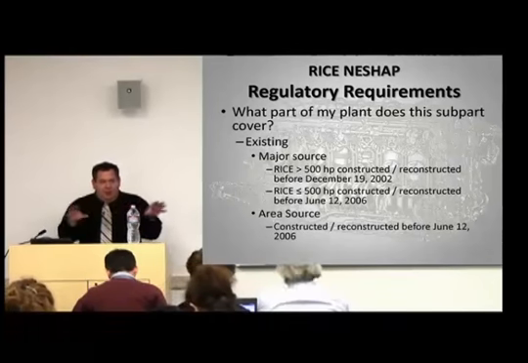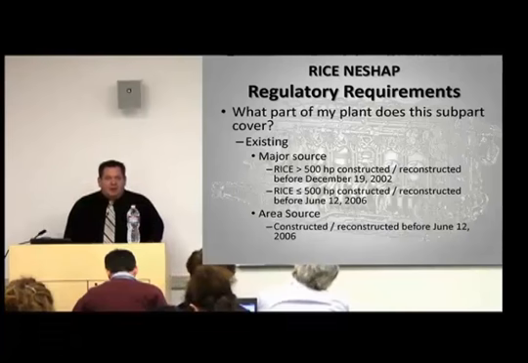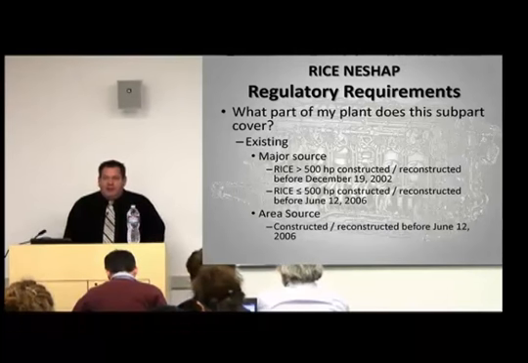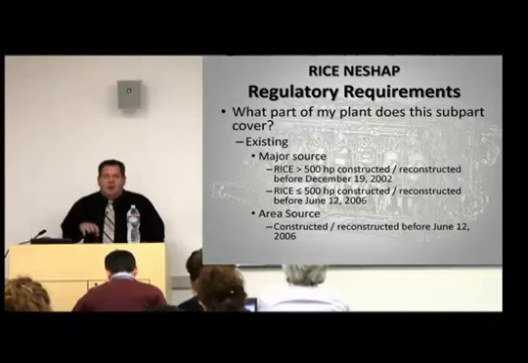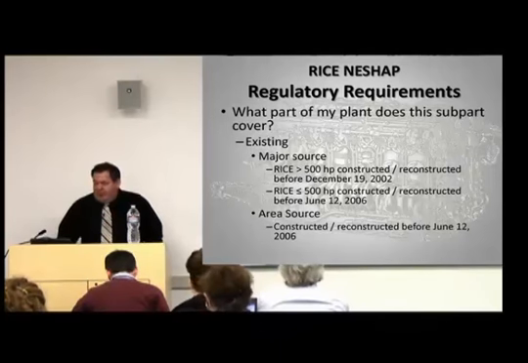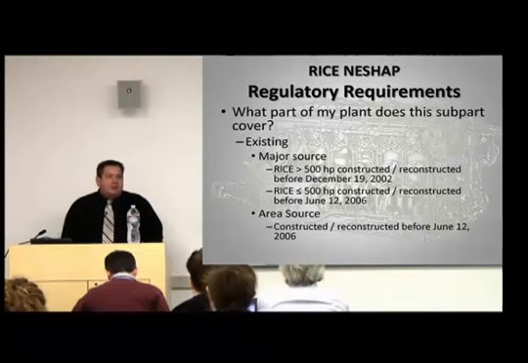And this has to do with the chronology of the rule itself. So greater than 500 horsepower at a major source, if it was in place before December 19th, 2002, it's existing. Equal to or less than 500 horsepower at a major source, if it was in place before June 12, 2006, it's existing. Area sources, all sizes of all engines that were there before June 12, 2006.